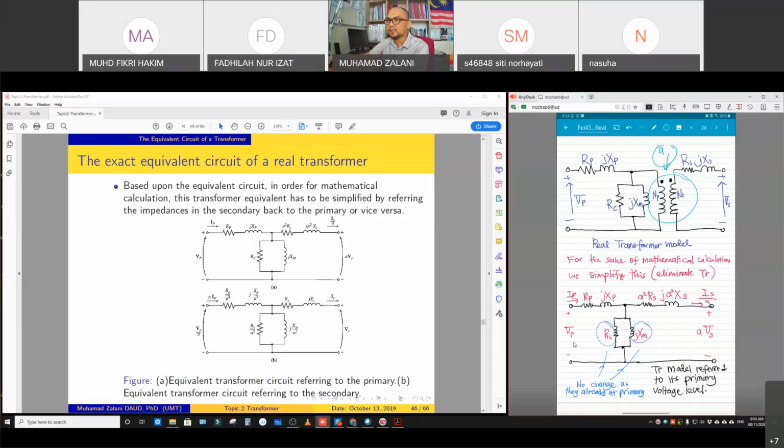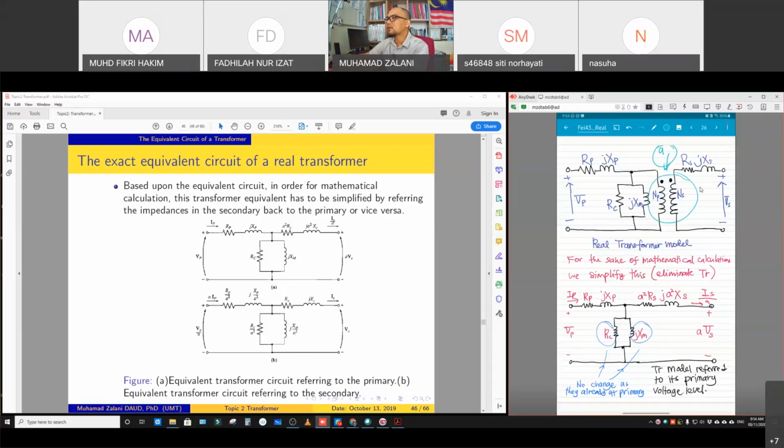So this is the equivalent circuit referring to the primary side, without the transformer symbol, but with the equations in terms of the turns ratio A.